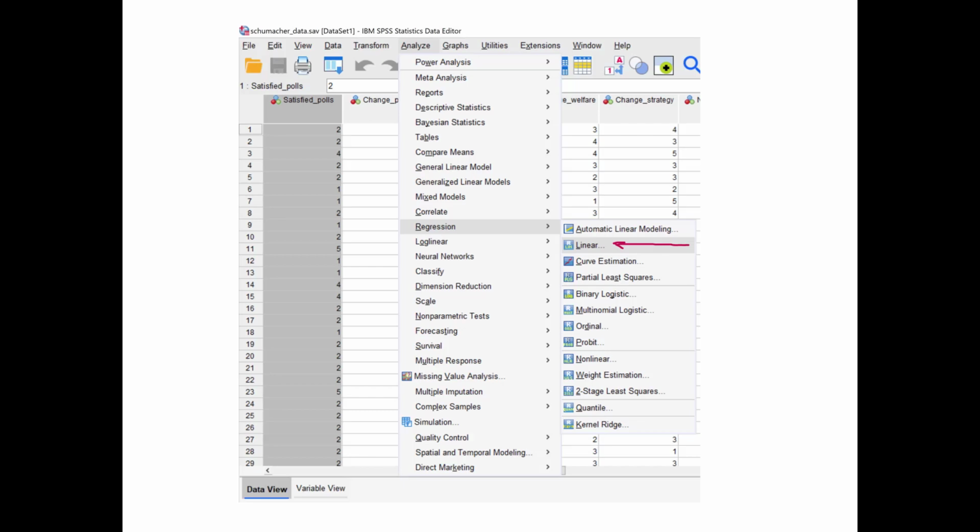Go to Analyze, right? Go to Regression, right? You're not going to be able to do this right away because you would need to create the months and the losing variable. I can upload what I have, what I created, which I added to their replication data. So what I'm going to do is I go to Analyze, go to Regression, choose Linear.